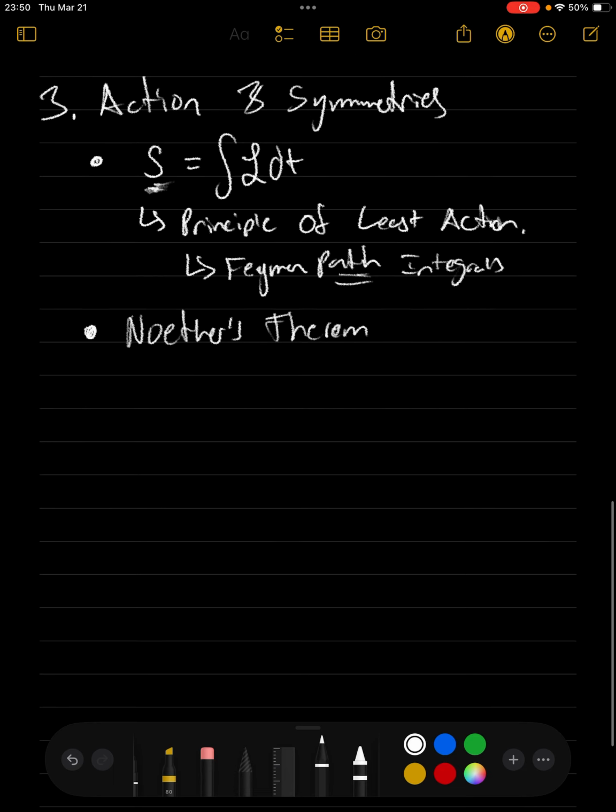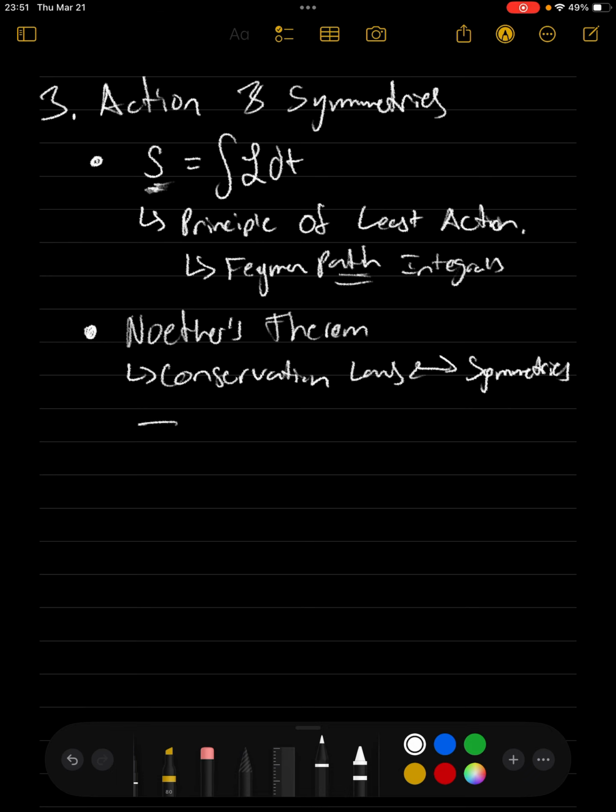This is a very hefty math theorem, but it is so important, especially within quantum mechanics and quantum field theory, where essentially it is saying that conservation laws are symmetries, and vice versa. And this is actually based on the Lagrangian.